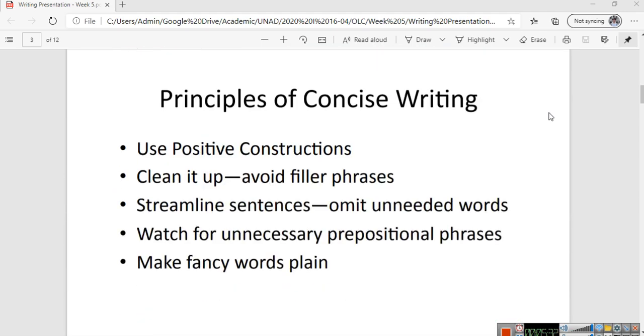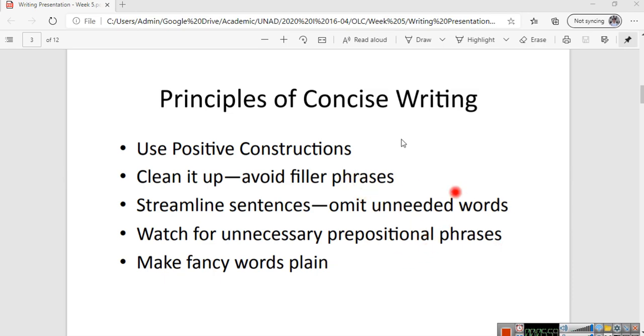Now, there are some principles of concise writing. First, let me use my pointer. Okay. Use positive constructions. We're going to talk about what positive constructions are. Clean it up. Avoid filler phrases. Streamline sentences. Omit unneeded words. This is what Dania was telling us.